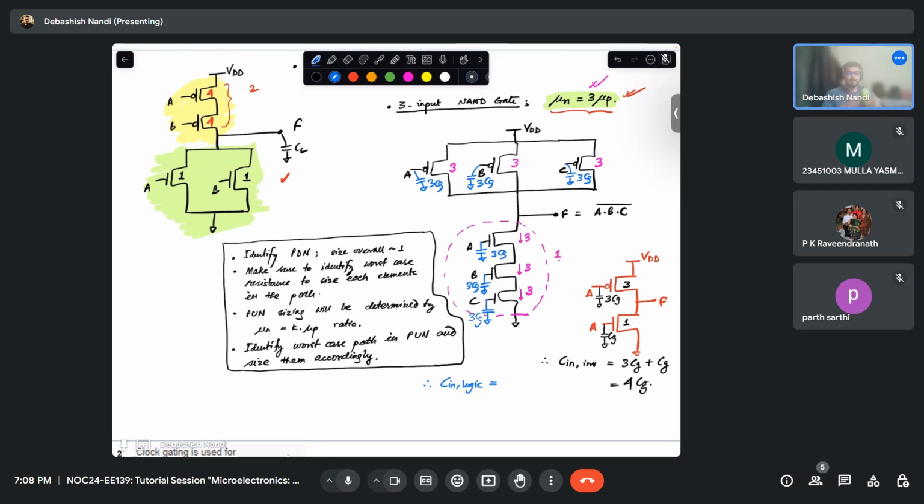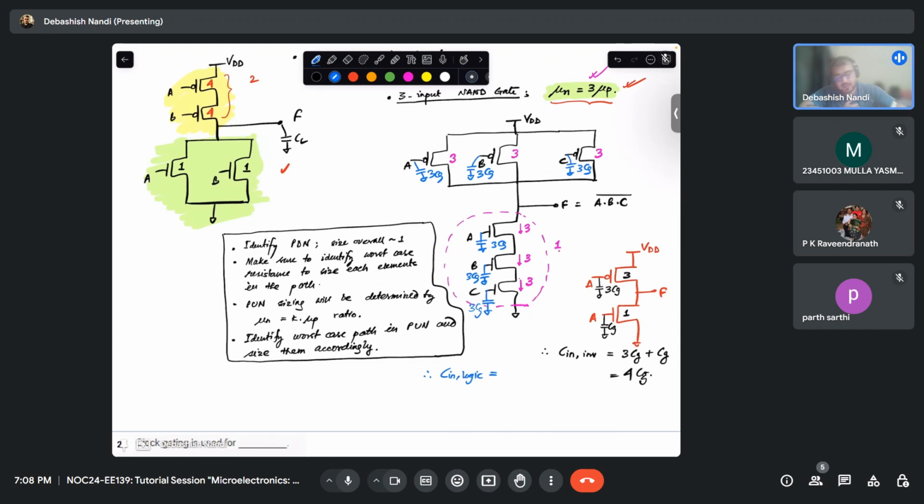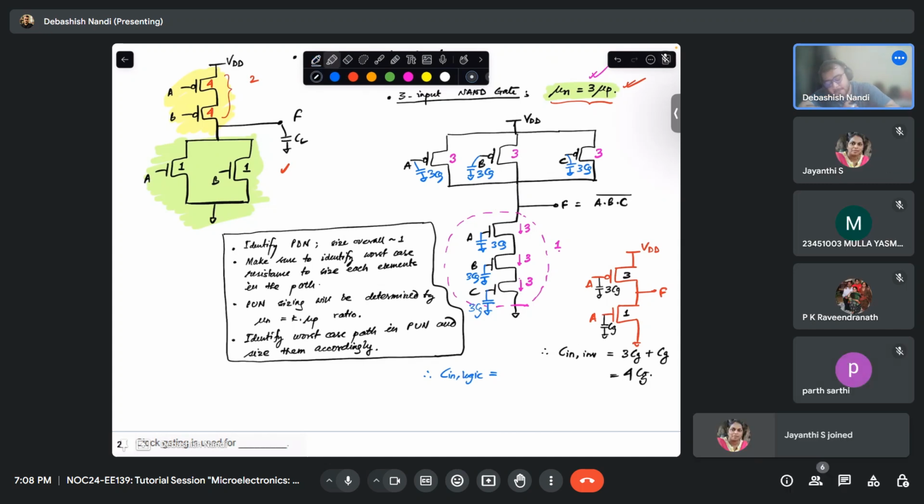Anyone? To get this thing, you need to first understand that we are talking about only one input with respect to one input, okay? Because these two will be shorted and connected to only one pin.